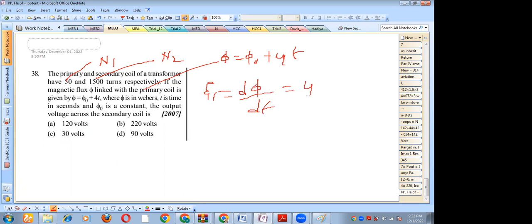You will get 4. Getting my point? So now everything is sorted. We have to calculate E2 only. E1 is given. Got my point? Calculate it. And E1 we can calculate from d phi by dt. We know that EMF induced is the rate of change of flux.